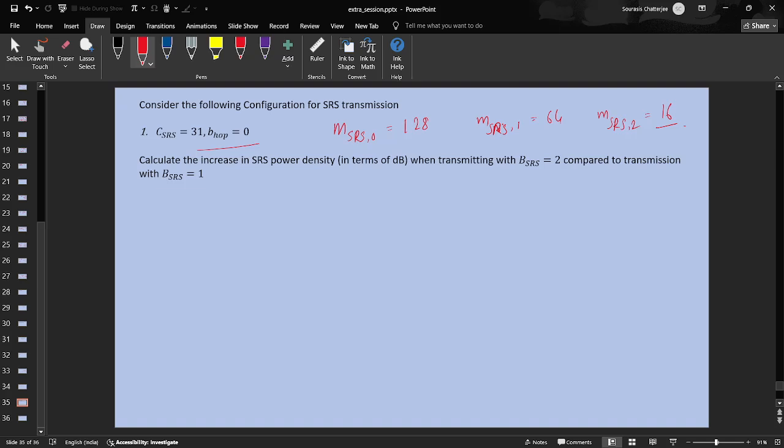So at each hop here I'm sounding 64 and here I'm sounding only 16. So what is the increase in density? If we are sounding 64 subcarriers at a time, at a symbol, and now I'm using the same amount of power to sound only 16 subcarriers, what is the increase in SRS power density?